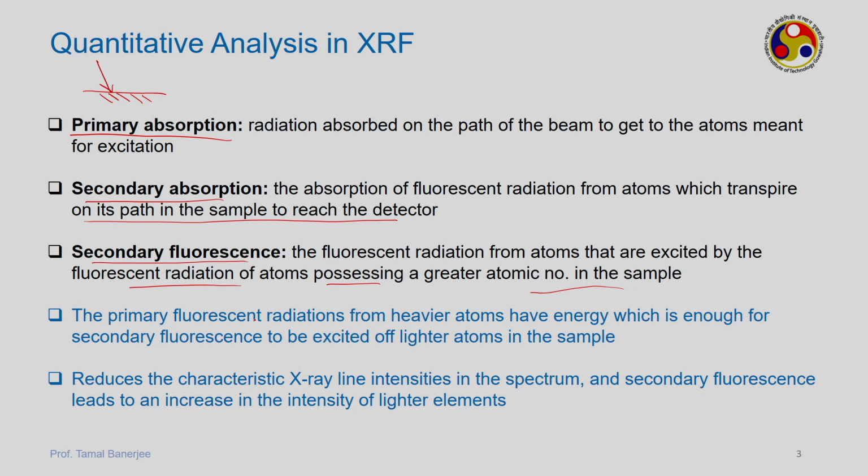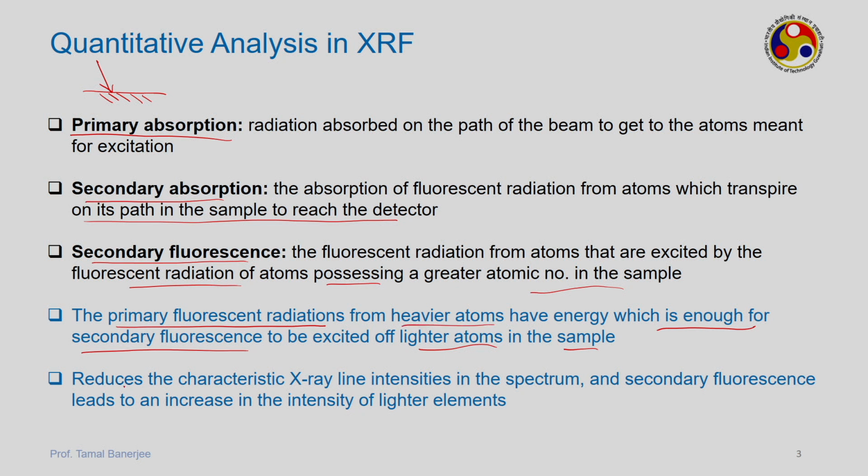The primary fluorescence radiation from heavier atoms has energy which is enough for secondary fluorescence to be excited in lighter atoms. Obviously, heavier atoms have very intense characteristic X-rays, and because of this intense radiation, it may excite the nearby lower atoms in the sample. So, they may emit secondary fluorescence primarily due to the higher weight atom.